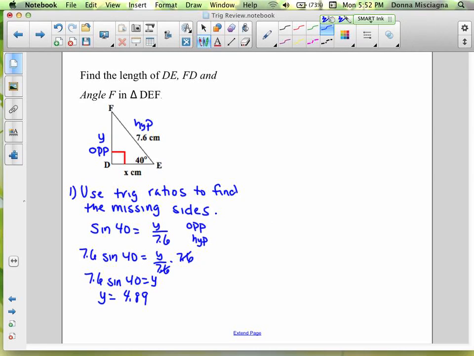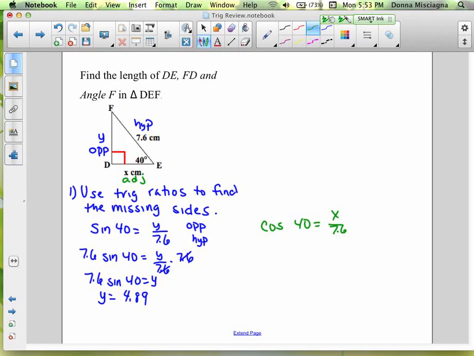All right, so we found 1. Let's find the other missing side. I always just stick to the angle we're given. Relative to that angle, the other unknown side is the adjacent side. So who uses adjacent and hypotenuse? That would be cosine. So we have cosine 40 equals x divided by 7.6.